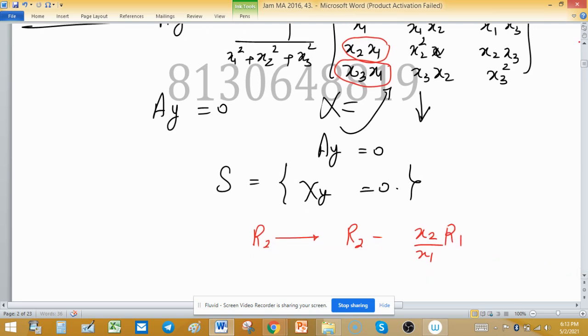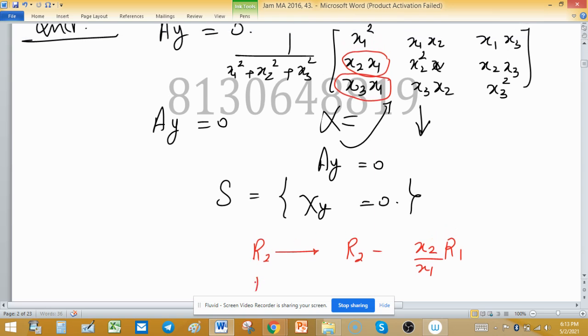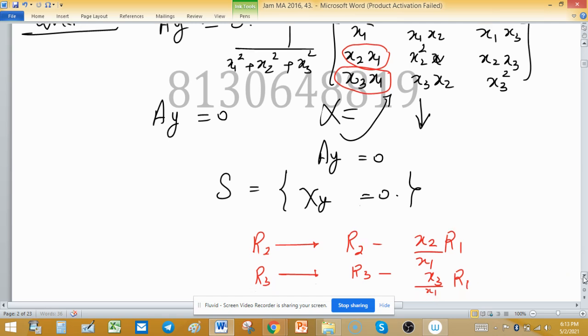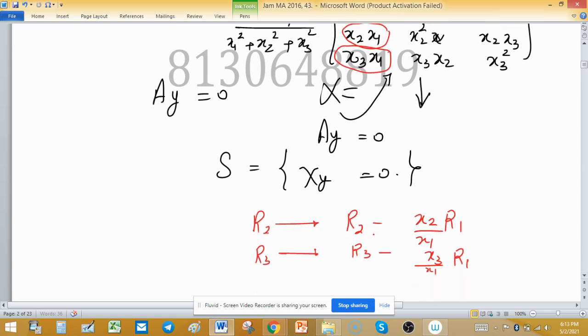Now for r3, r3 becomes r3 minus x3 divided by x1 times r1. Applying these elementary row operations, you will get x1 square, x1 x2, x1 x3, and then 0 0 0 0 0 0.